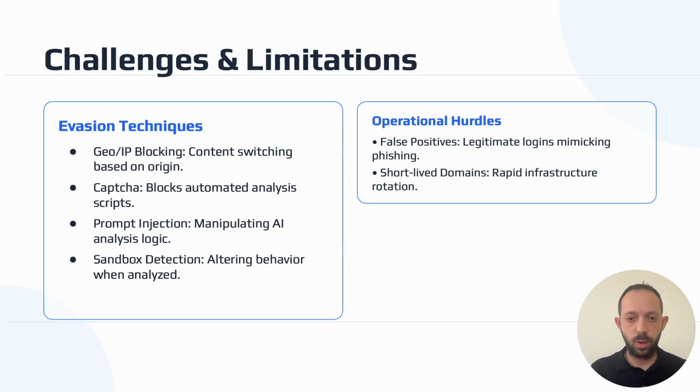Now let's talk about operational hardness. For example, false positives. Of course, this analysis is not perfect and there are false positives. So we might mark legitimate domains, mostly login forms, as phishing or as malicious domains.